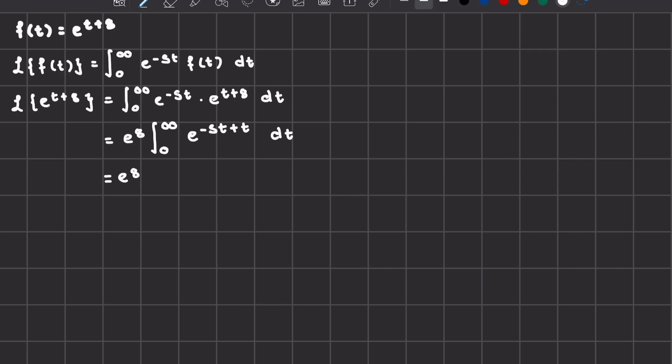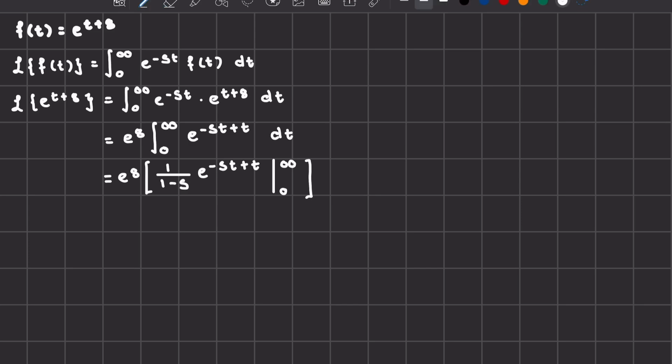So e to the negative s t plus t will be 1 over negative s plus 1. Let's rewrite this as 1 minus s. Let's put a bracket here. e to the negative s t plus t, and everything here goes from 0 to infinity, and bracket.